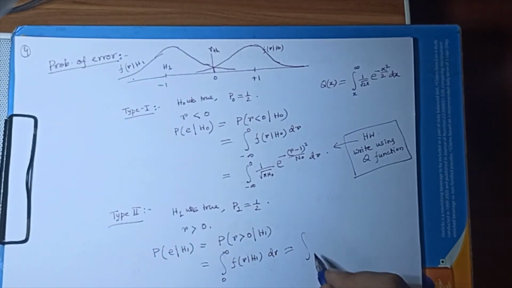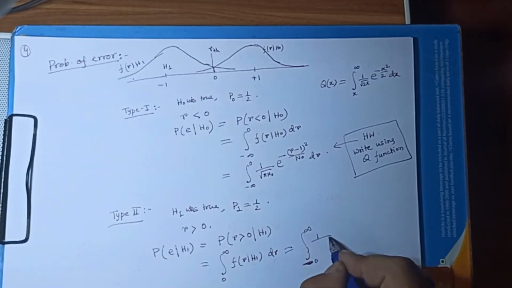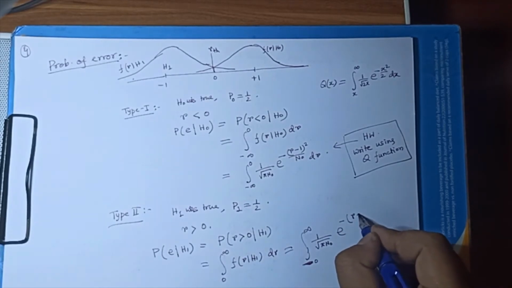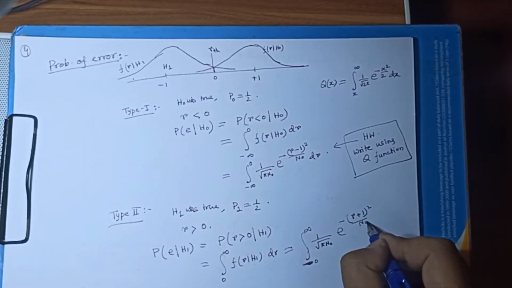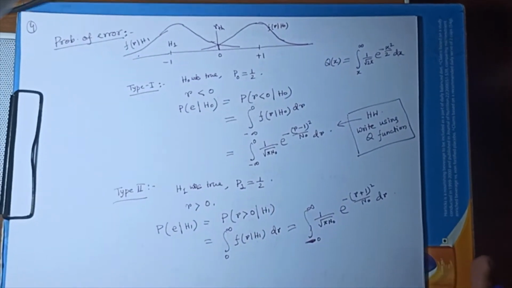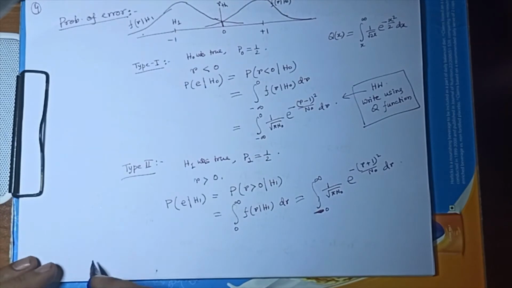So again I can compute the integral from 0 to infinity of 1 by pi n0 to the power minus (r plus 1) square by n0 dr. So we got two probabilities. So now I can ask you, what is the expected probability of error.